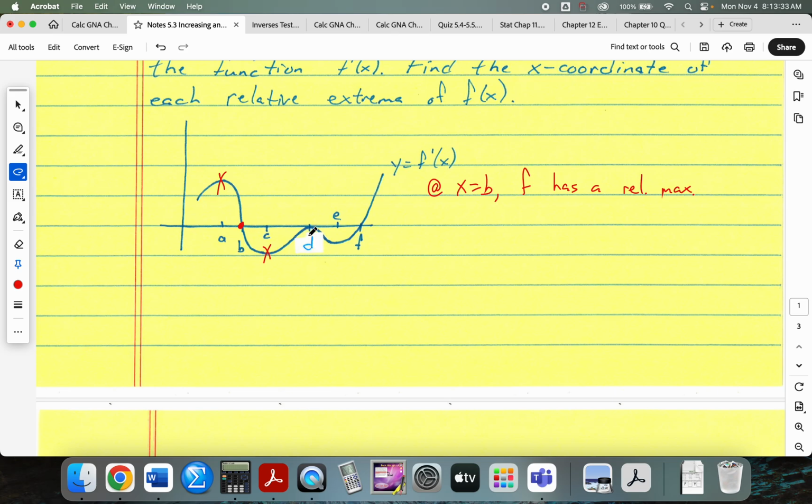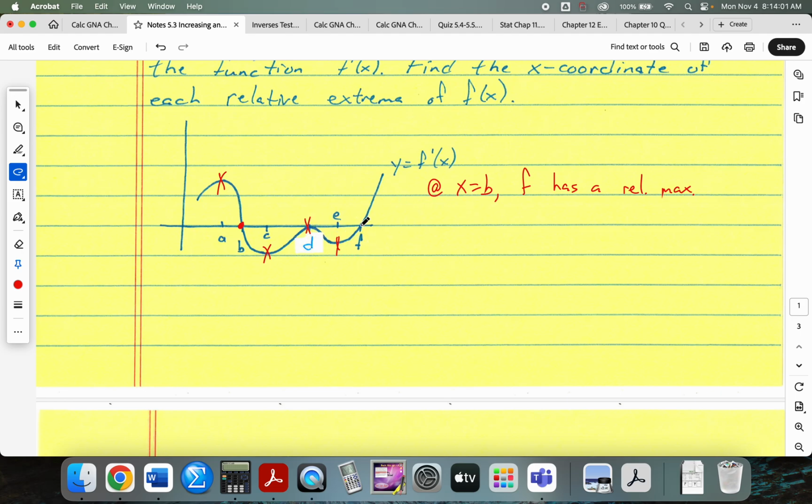Is this a critical point, first of all? Yes, because the derivative is 0. Do we have a relative minimum or a relative maximum at that point? No, there is no sign change. If you're thinking about this as being the velocity of a vehicle, it's negative, it's backing up, it stops, and then keeps backing up some more. So, nope, not there.